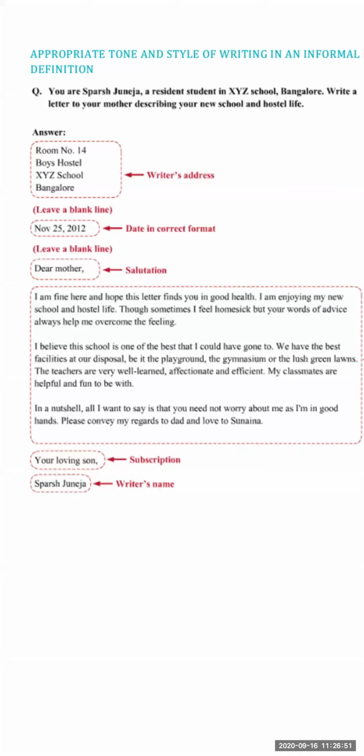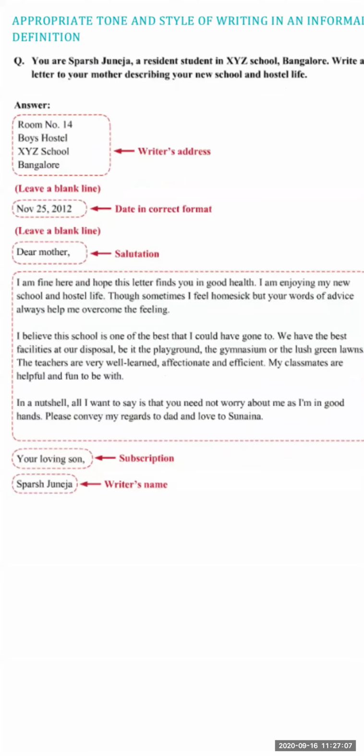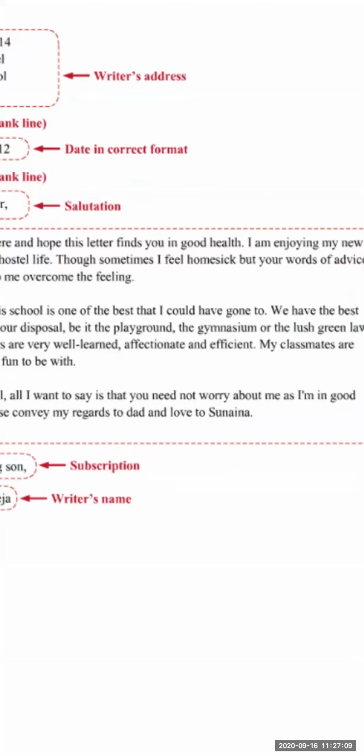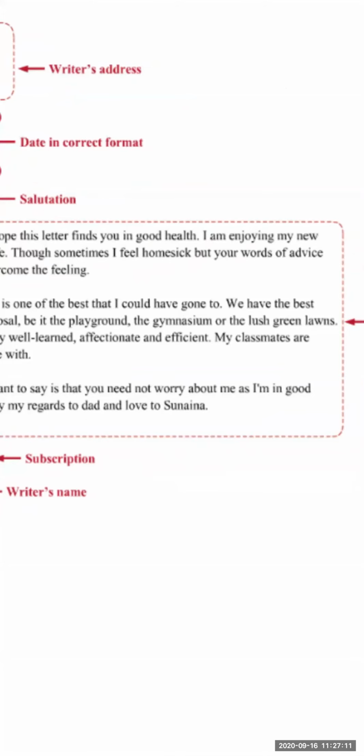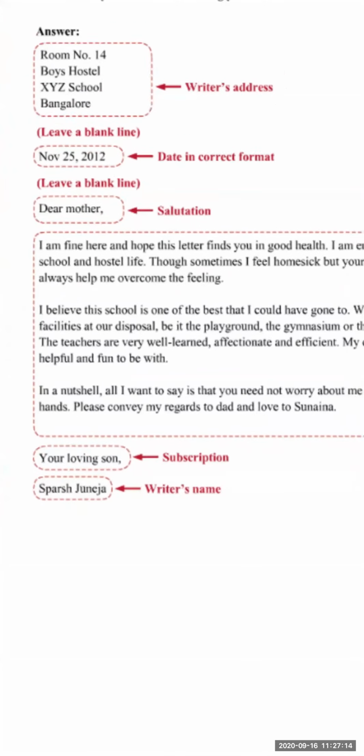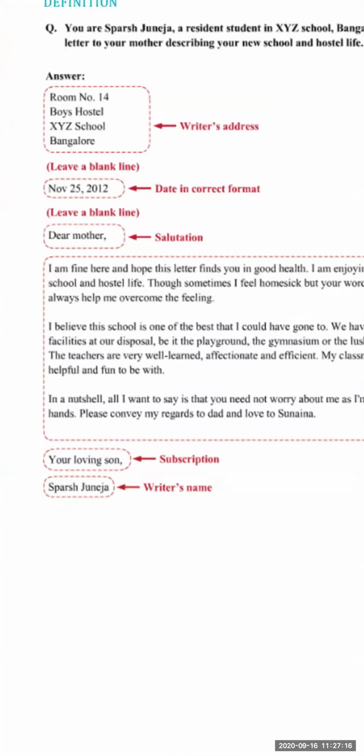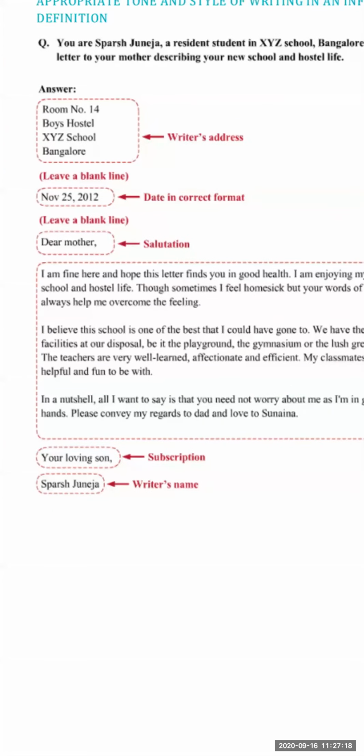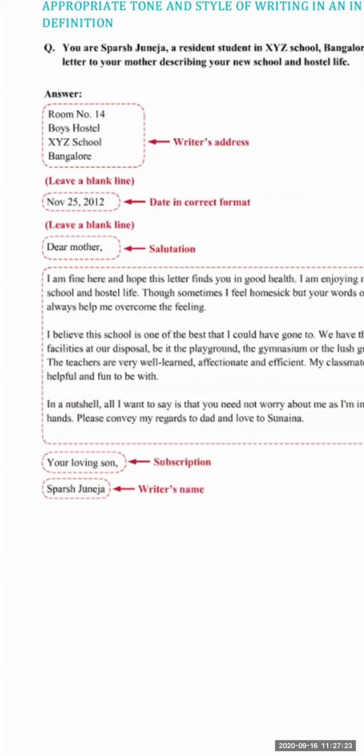Okay, so next, see the next paragraph. "I believe this school is one of the best that I could have gone to. We have the best facilities at our disposal, be it the playground, the gymnasium or the lush green lawn. The teachers are very well learned, affectionate and efficient. My classmates are helpful and fun to be with."